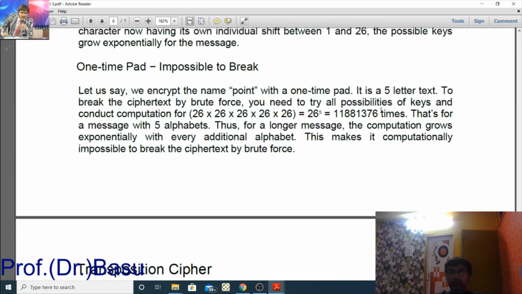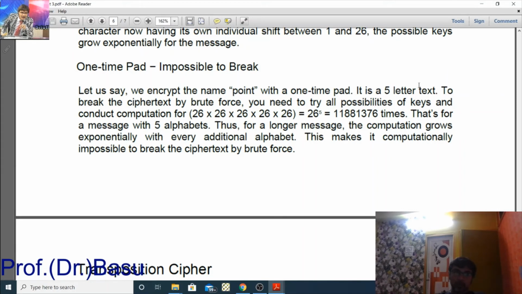Generally we have a big number of letters in a plain text, so just imagine how many permutations may occur. What happens in the system is that when one key is generated, the next key changes. That is a one-time pad.